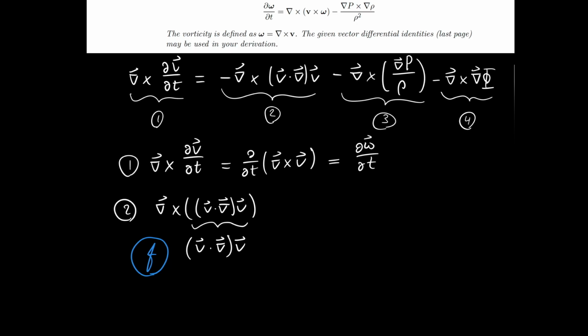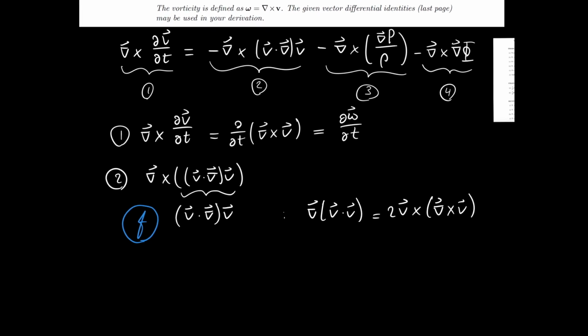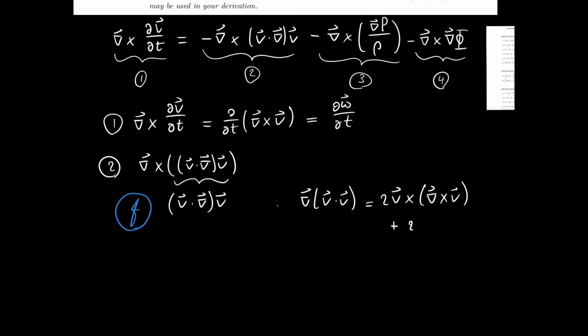Well, the formula f tells me that the gradient of the velocity dotted with the velocity is equal to 2 times the vector v cross product the curl of v, which of course is again omega, and then plus 2 times v dot nabla acting on v. Now that last term is obviously what we want to describe there.